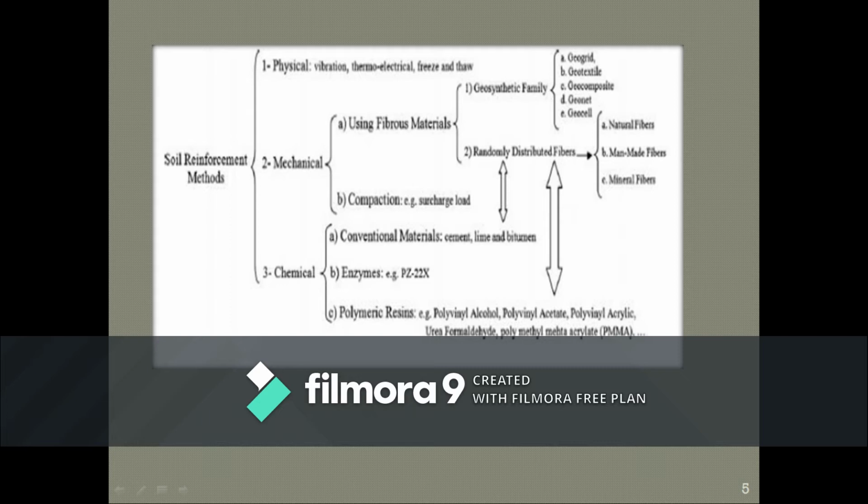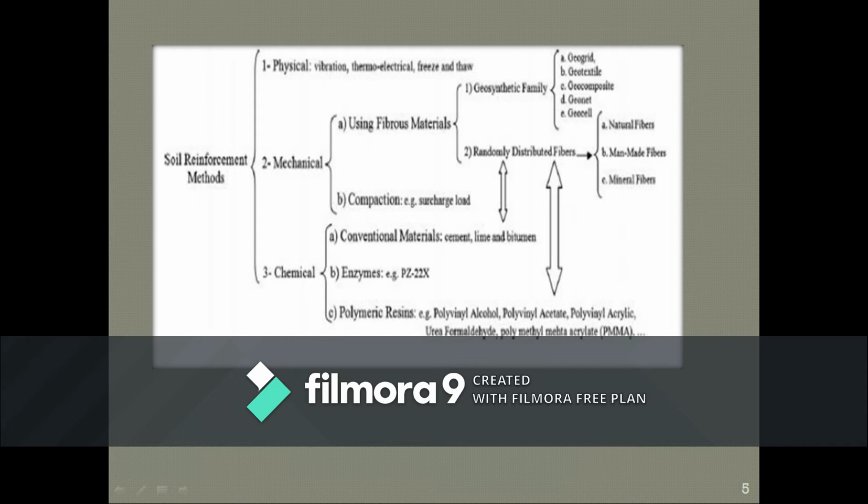Geogrids, geotextiles, geocomposites, all the geomaterials form your geosynthetic family. And the next one is randomly distributed fibers. These randomly distributed fibers are your natural fibers, man-made fibers or miscellaneous fibers.